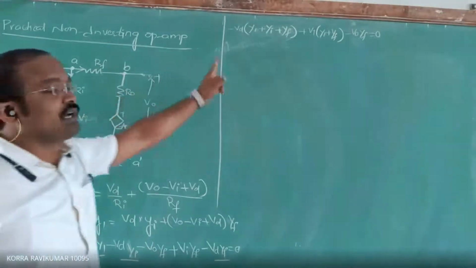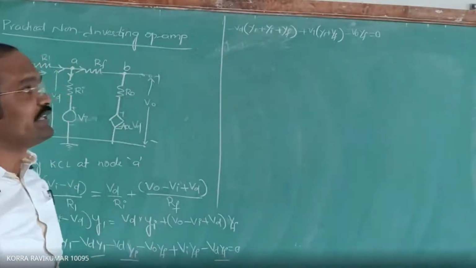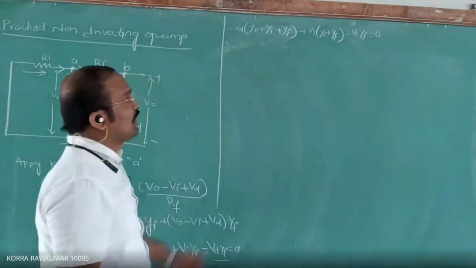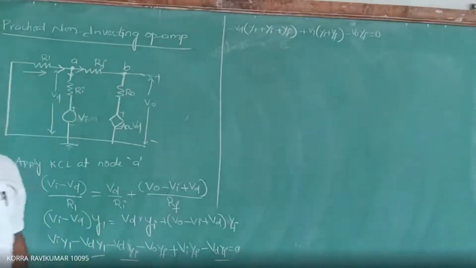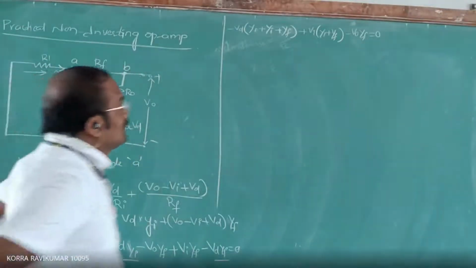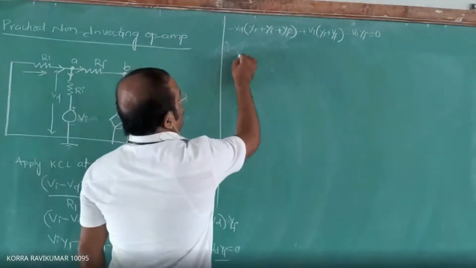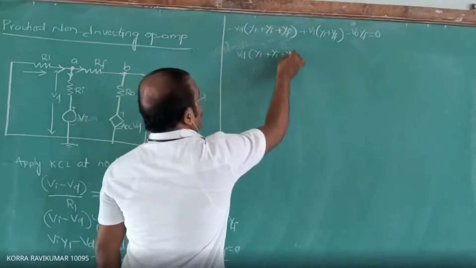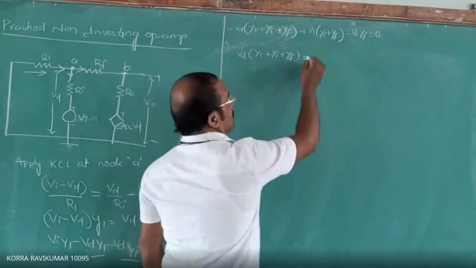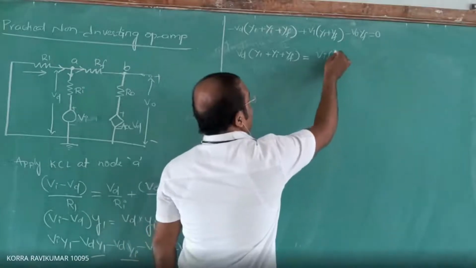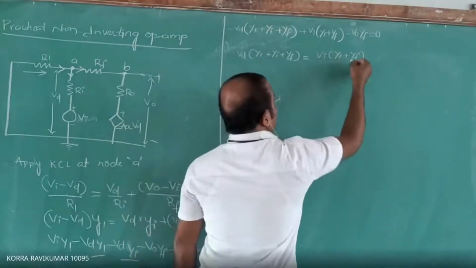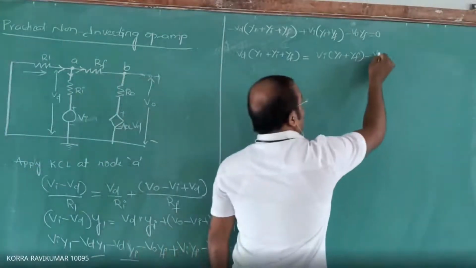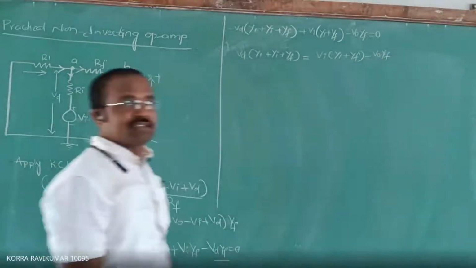From that expression, I want the equation for Vd. How to get the expression for Vd? See here. Vd of Y1 plus Yi plus Yf is equal to Vi of Y1 plus Yf minus V naught into Yf. Can I write it like this?